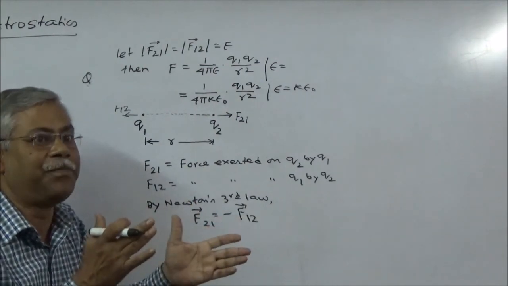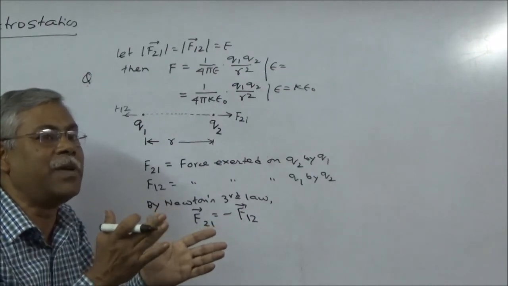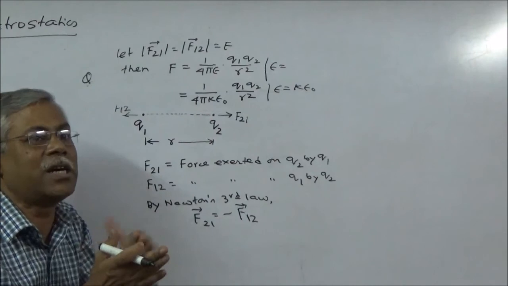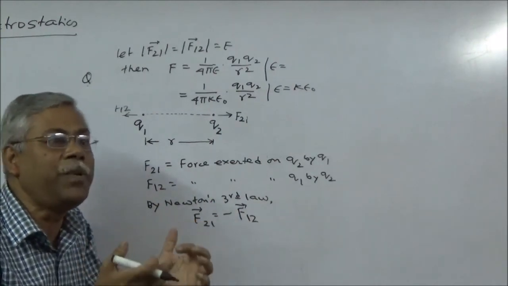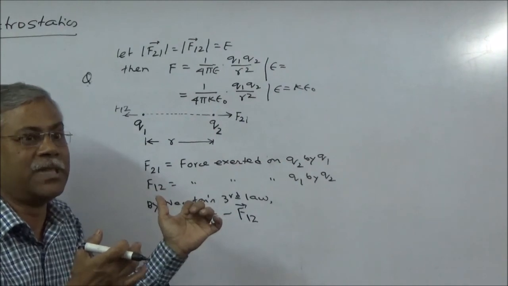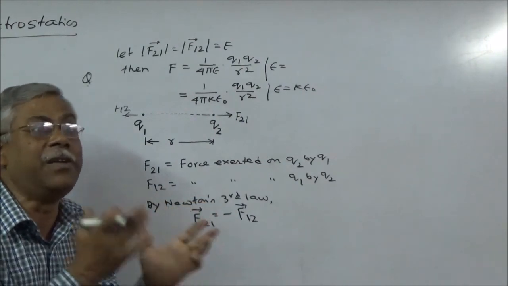If the permittivity of the medium is very poor, then the electrostatic force exerted by one charge on the other charge will not be able to propagate effectively. This is the idea of permittivity.